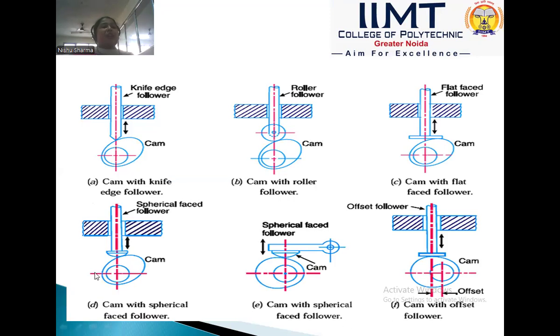The cam axis is the x-axis, and the motion of the follower is along the y-axis, and we know that the y-axis is always perpendicular to the x-axis. It is also the definition of the radial or disc cam: the motion of the follower is in a direction perpendicular to the cam axis.